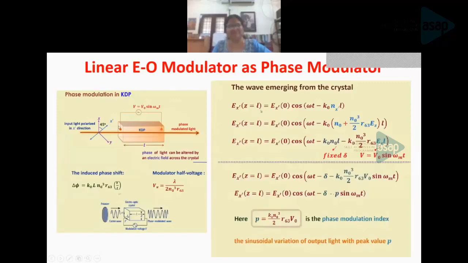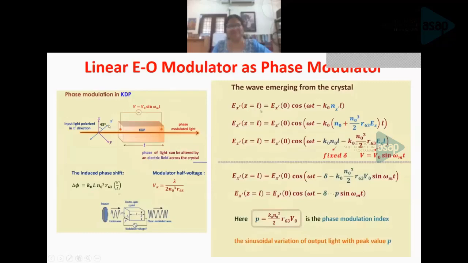When this light is incident, again birefringence will take place and all other things will happen. Now, what is the emerging light from this side in the output? We want to know Ex prime at z equal to L.